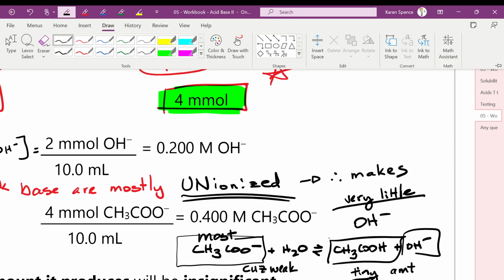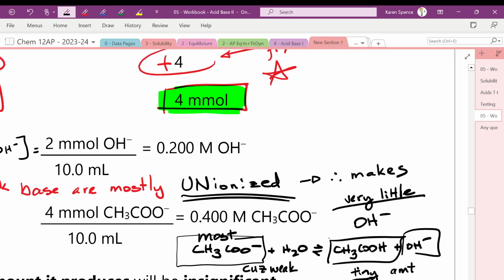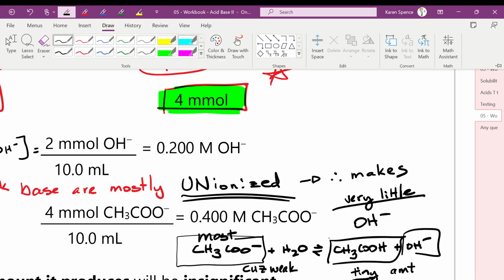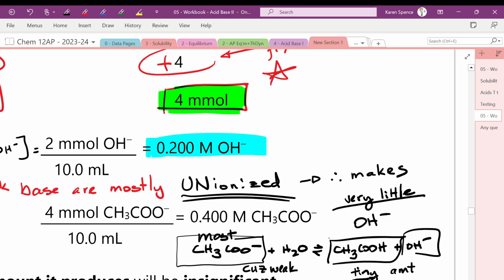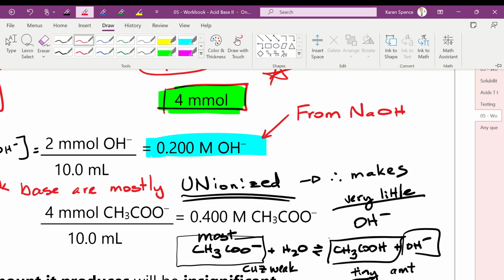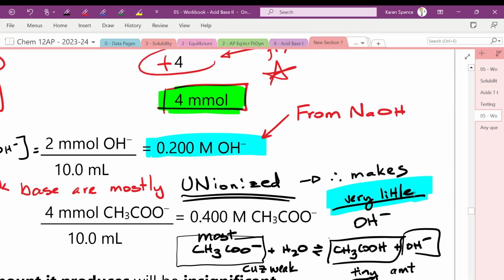You have two sources of OH minus. You have OH here from NaOH, and then we have very little OH from the CH3COO minus.